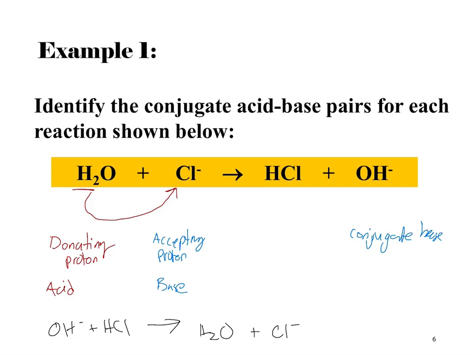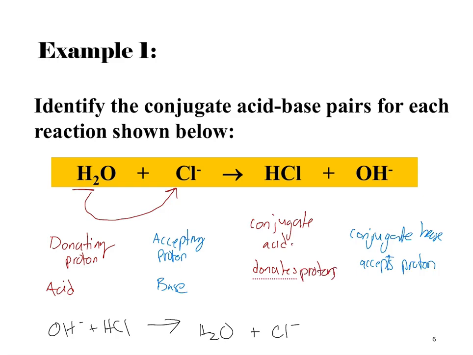OH minus can accept a proton from something, because it accepts a proton going in the opposite direction, which means that HCl is what? Conjugate acid. Right, so that's our conjugate acid, because it donates protons.